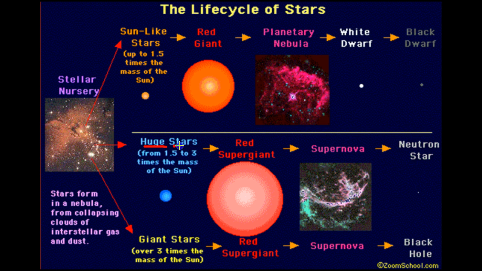Now in your notes, write that a huge star is 1.5 to 3 times the mass of our sun. So get that down in your notes and start a new flowchart with huge stars at the beginning. Go ahead and do that right now.